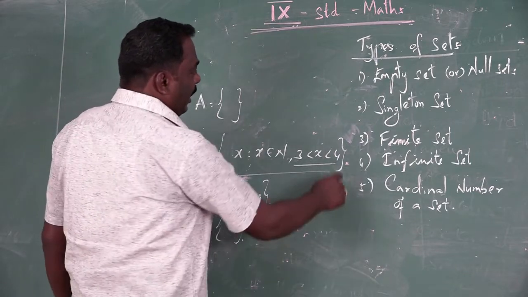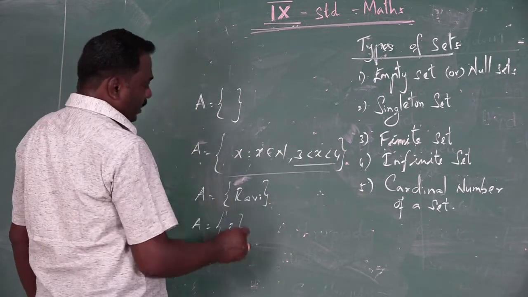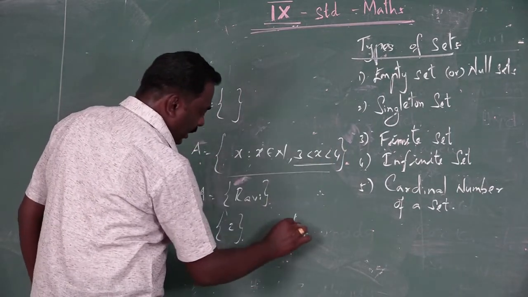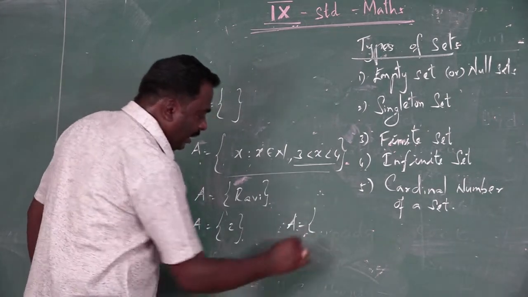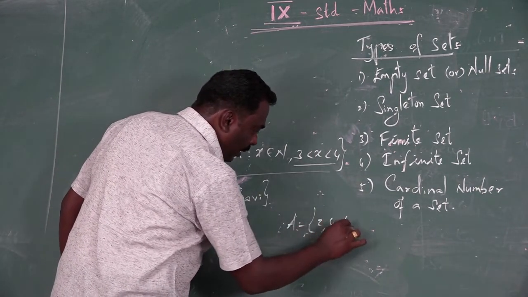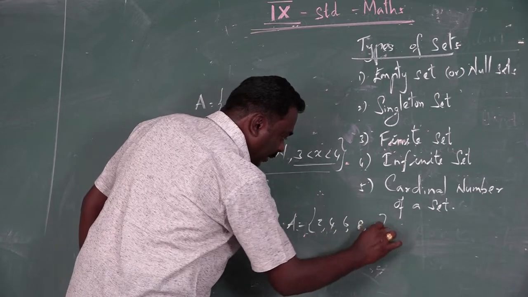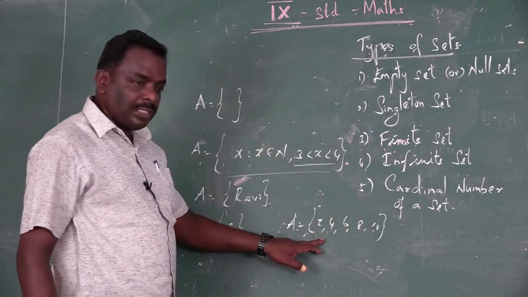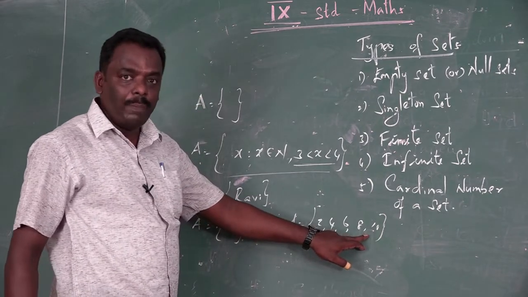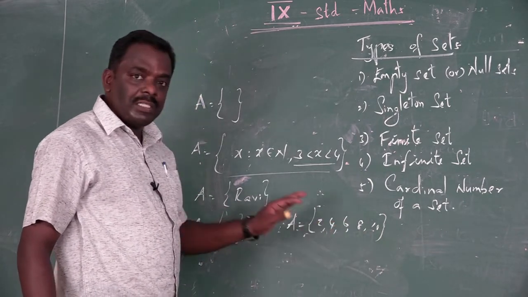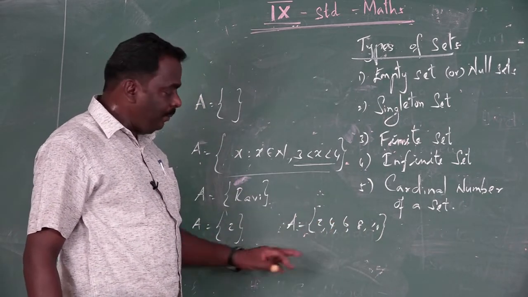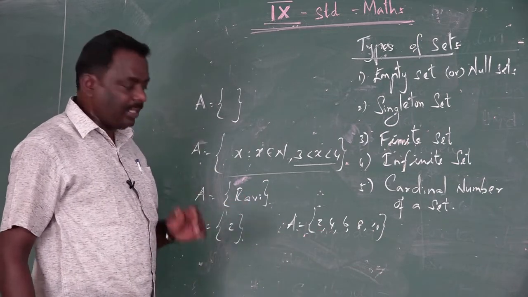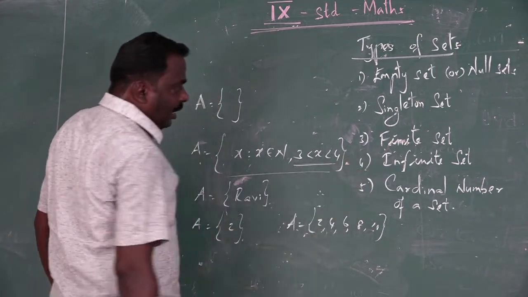And the next one is the finite set. A set containing the elements 2, 4, 6, 8, 10. A set whose number of elements is countable is called a finite set. And the next one is the infinite set.